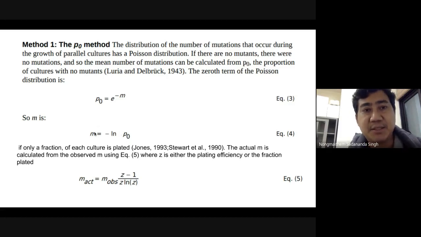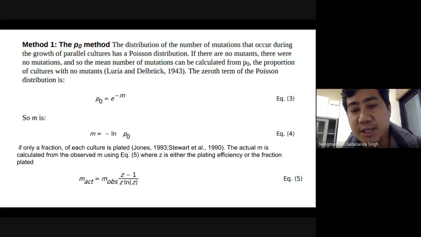But this P0 method of calculating is very easy, but there are a few limitations that we can discuss in later slides. And one more thing is that if you are not plating every culture, for example, if you have a culture of 10 ml but you are plating only 100 microliters, then the m value changes.